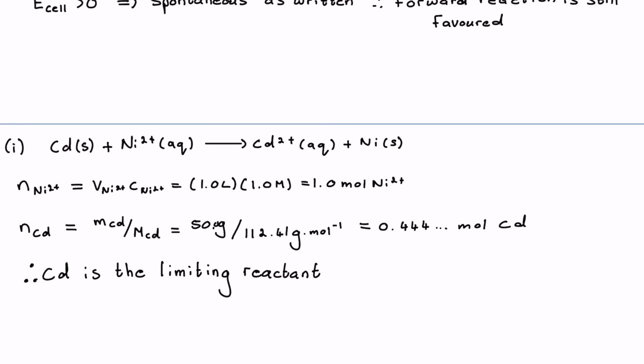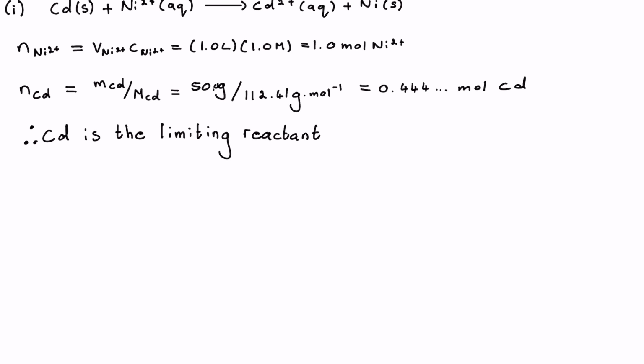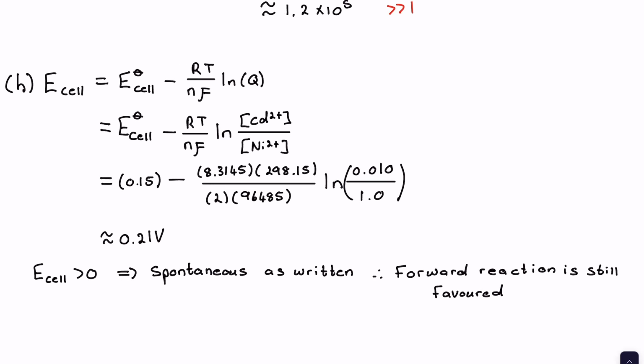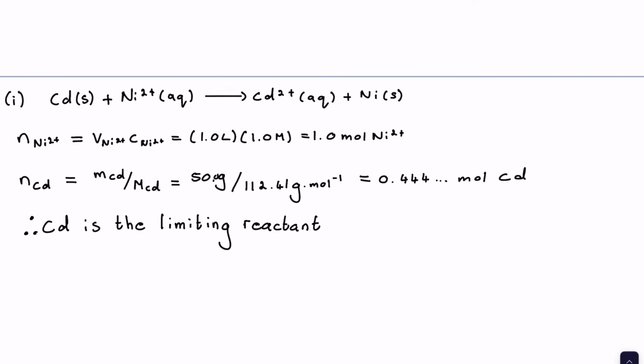It also makes sense. It's in principle the reactant that has to provide the number of electrons because it's the species that's being oxidized. So logically it makes sense. So the question now is, how many moles of electrons can 1 mole of cadmium provide? And for that we return to our original oxidation equation. So 1 mole of cadmium can provide 2 mole of electrons.